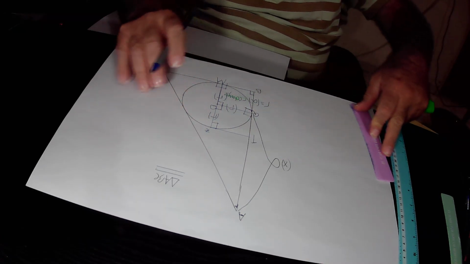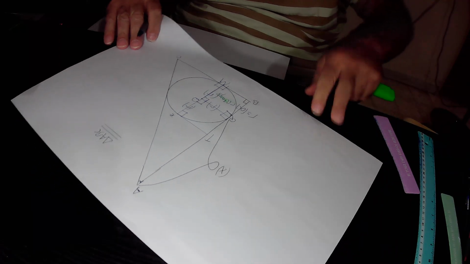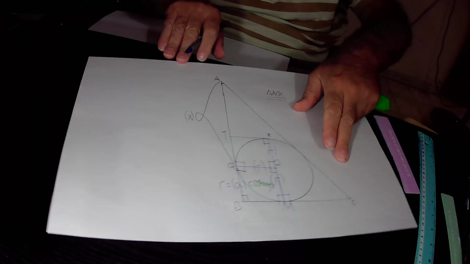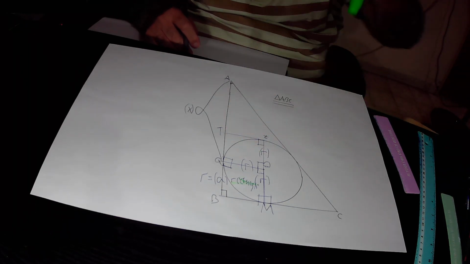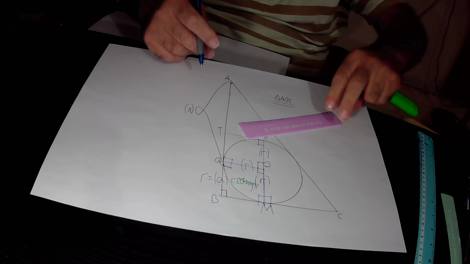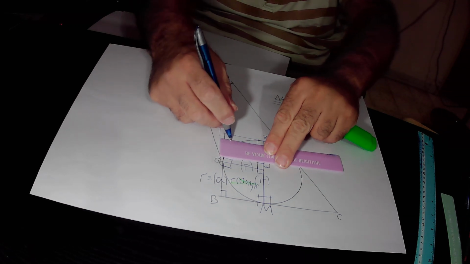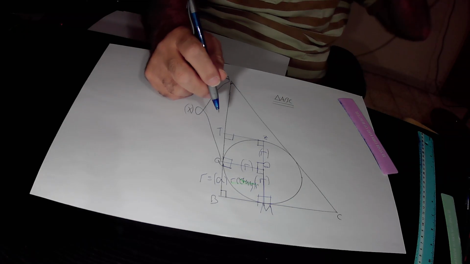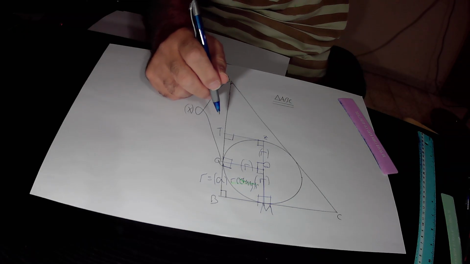So in total, in the upper quadrilateral TZOQ, we have 1, 2, 3 right angles. Therefore, this fourth missing angle must be equal to 90 degrees in its size. So in quadrilateral TZOQ, we have 4 right angles, and therefore it is a rectangle.